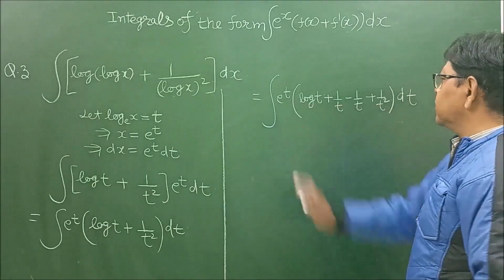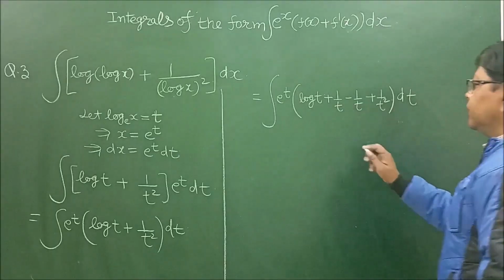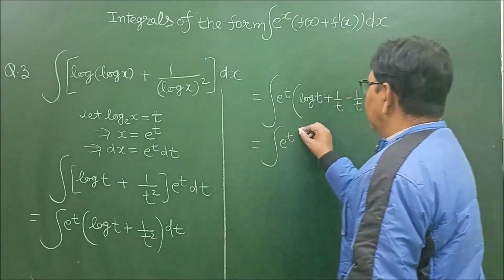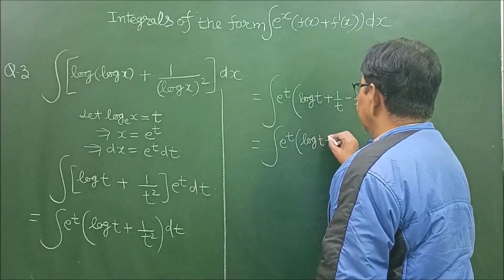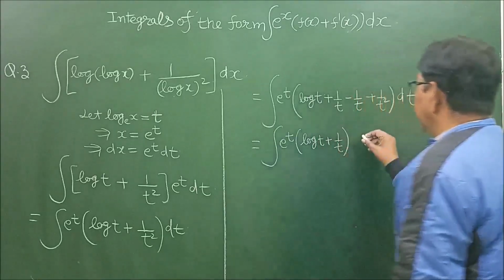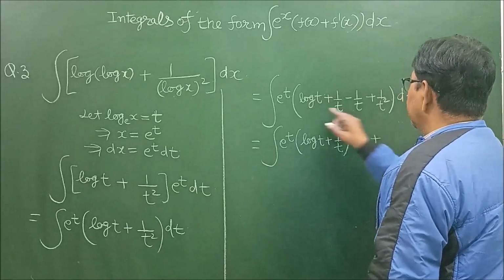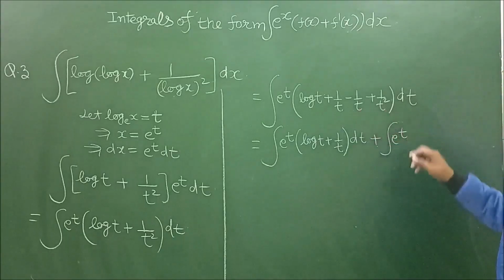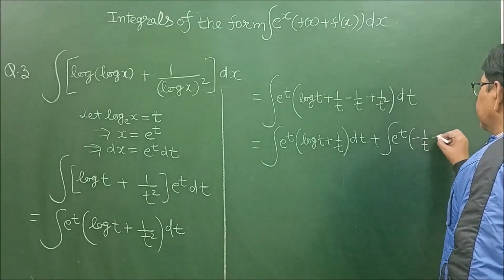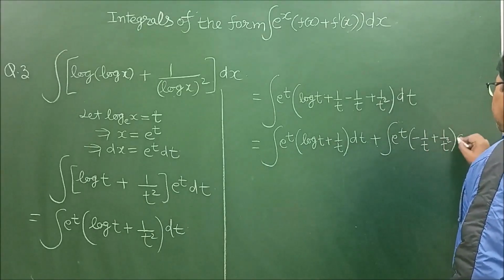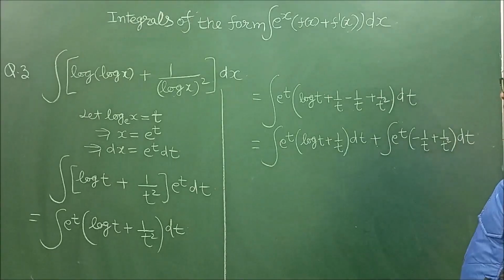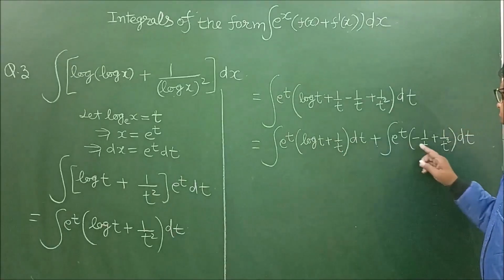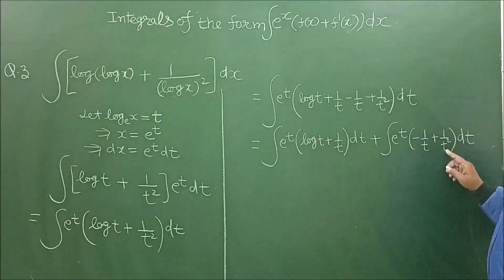Now let us separate the terms in this integral. So if we write this as integral of e^t (log t + 1/t) dt plus integral e^t (−1/t + 1/t²) dt. और अब देखें यहाँ पे log t का डेरिवेटिव is present here 1/t और −1/t का डेरिवेटिव is here 1/t².